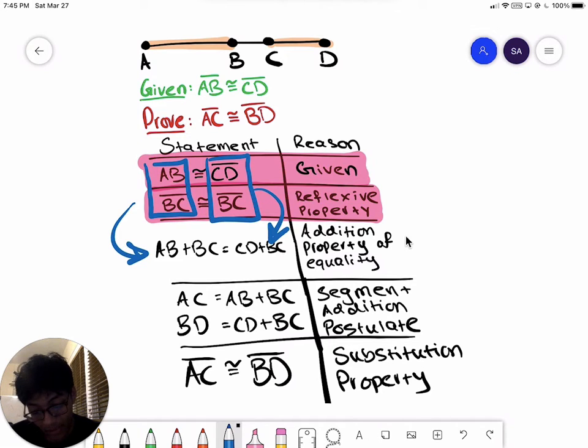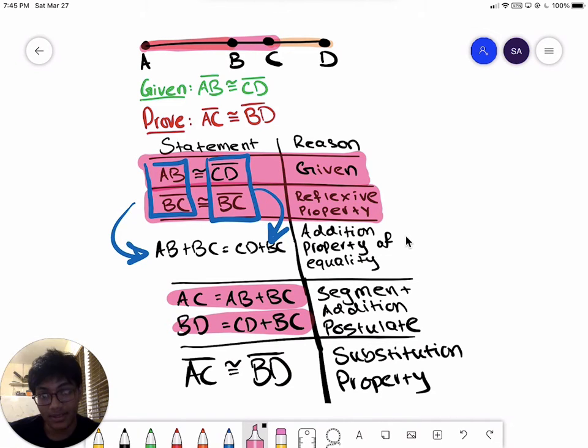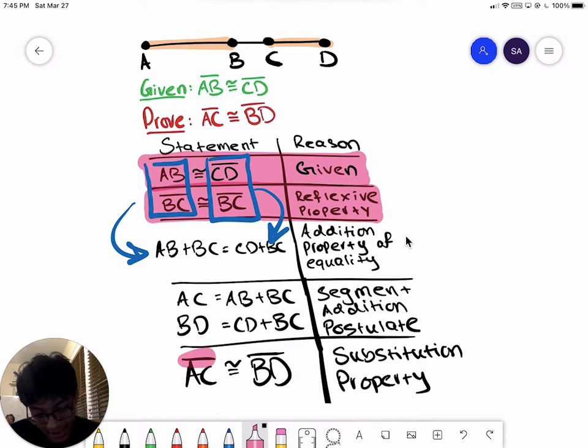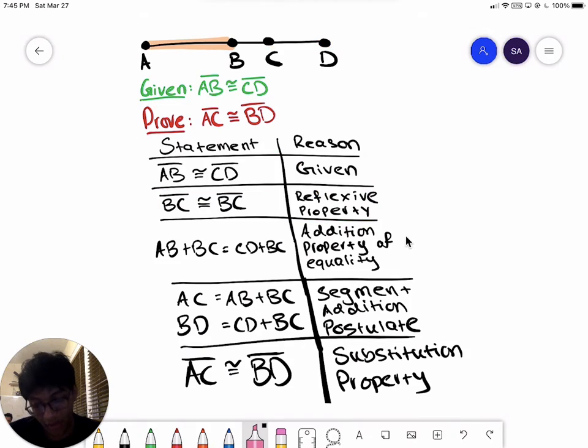And so now what I can do is use the segment addition postulate to say that AC is AB plus BC. AC is this one. And we can say BD is CD plus BC. And so now, let's complete our proof by saying that line segment AC is congruent to line segment BD. AC is this one, BD is this one. And that completes our proof.